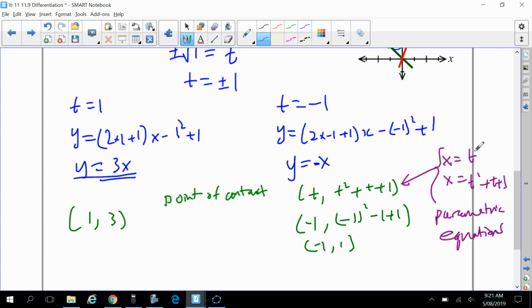And the t is called the parameter, because it allows us to express both the x and the y with the same pronumeral. So if I know t, I know both x and y, the parametric equations. You will meet more of that with different examples later on. These are all really cool ideas in maths. They're all algebra, but they're subtly different.